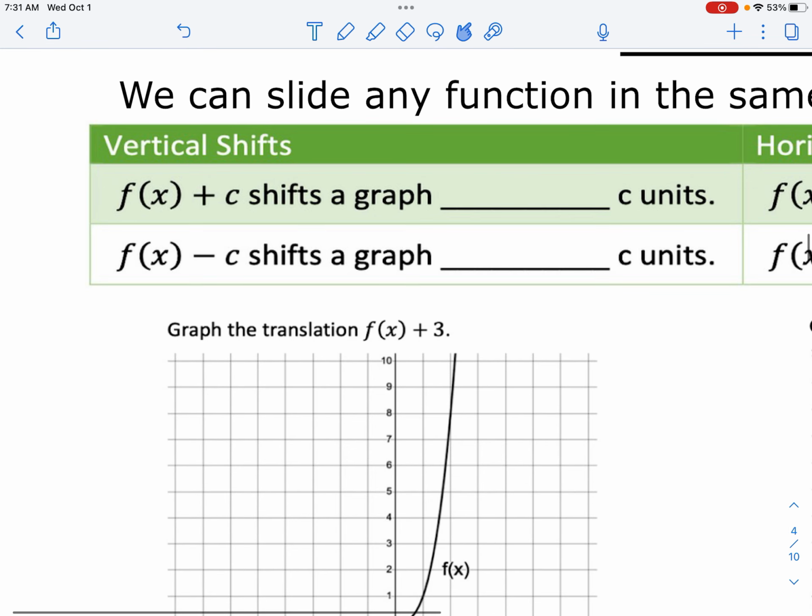You're going to look outside of parentheses or absolute values or brackets or whatever. If it's outside, that number is going to move it up or down. So if it says f of x plus c, that's going to move it up c units. If it says f of x minus c, then it's going to move it down.